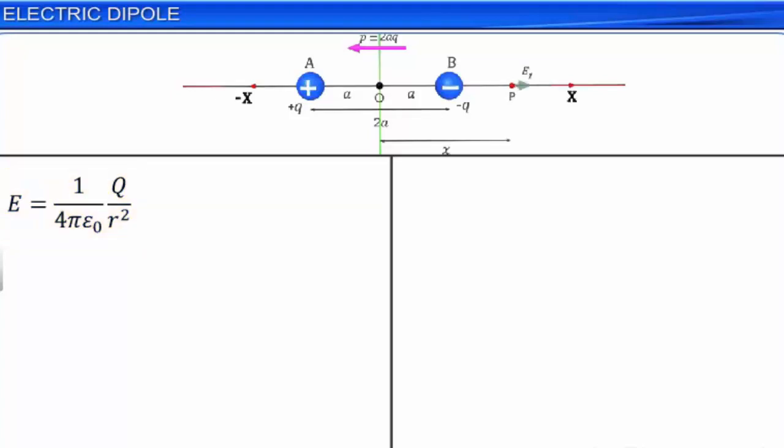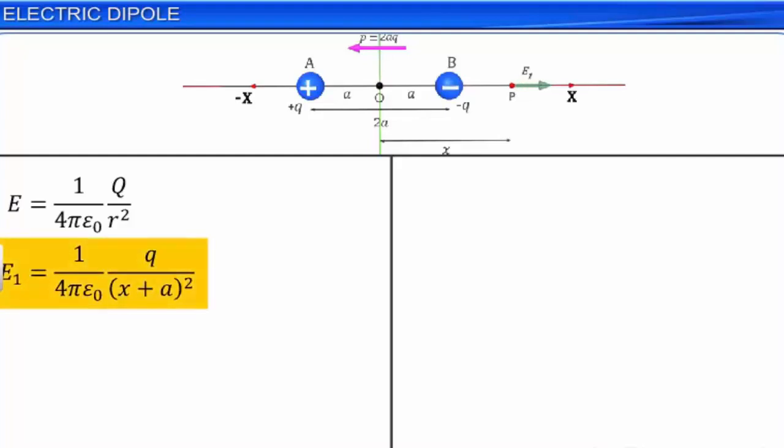Following the expression, the magnitude of the electric field strength E1 due to the charge plus q is equal to 1 by 4 pi epsilon naught q by (x plus a) square. Let this be equation 1. The direction of this electric field is opposite to that of the dipole moment.